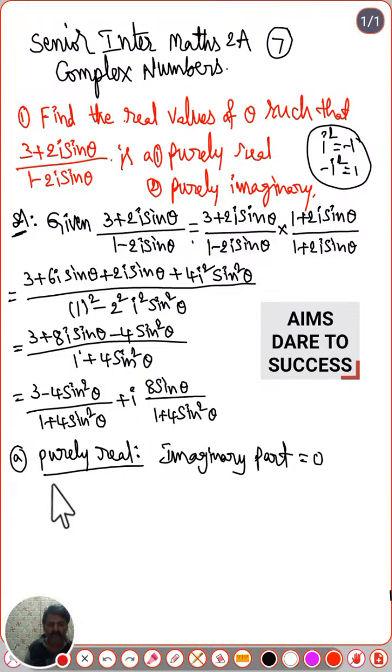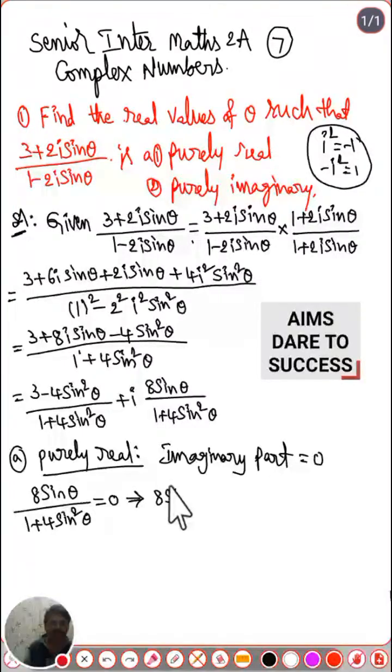What is the imaginary part? 8 sin theta/(1 + 4 sin square theta) = 0. Cross multiply: 8 sin theta = 0 into something, which is 0. Moving 8 to this side, sin theta = 0.